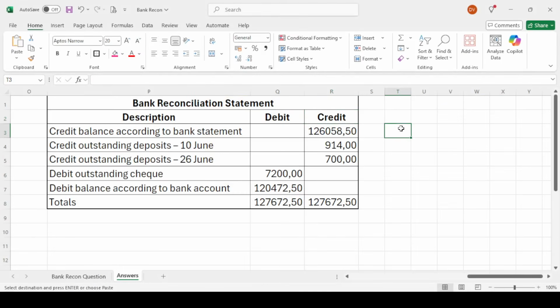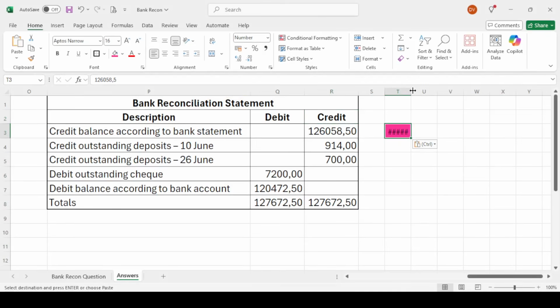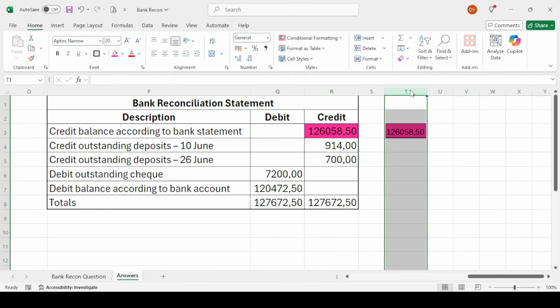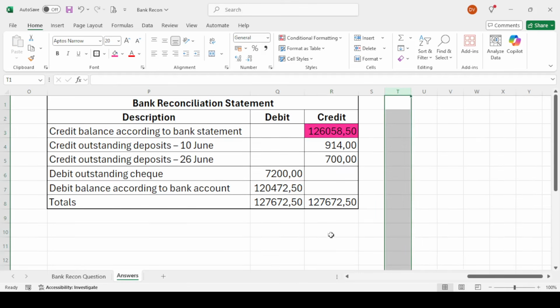I'm just copying it next to it so you can see that that's the one I used. 126,058.50. Okay, there it is. You always start your bank reconciliation with that closing balance of your bank statement. You can see that it was a credit balance according to the statement because it is positive.